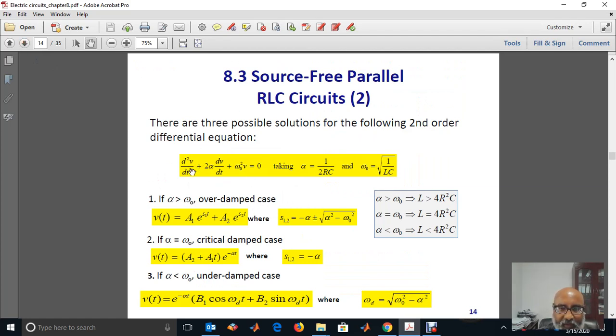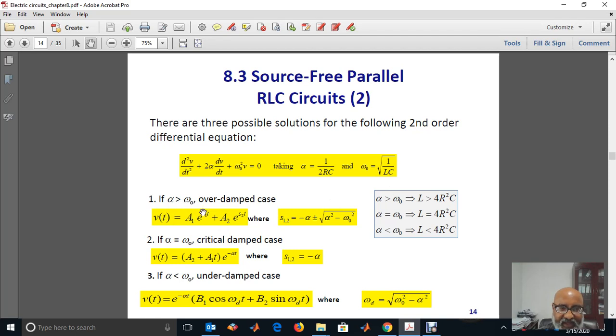So if we write it in terms of alpha and omega naught, we can write it like this, where alpha is equal to 1 over 2RC and omega naught is 1 over the square root of LC. Now again, this has three possible solutions.